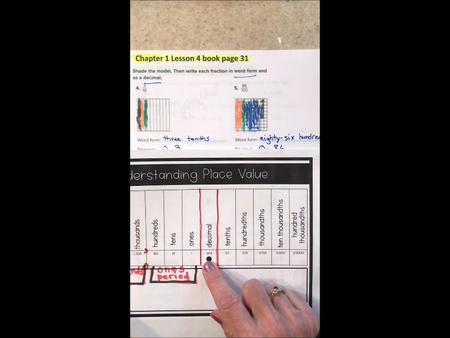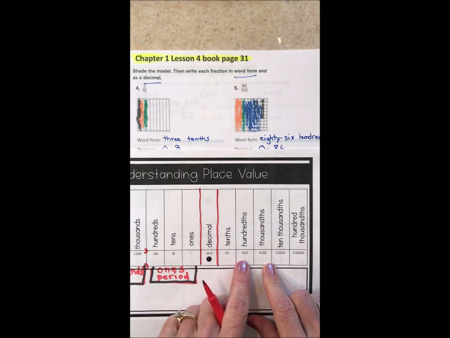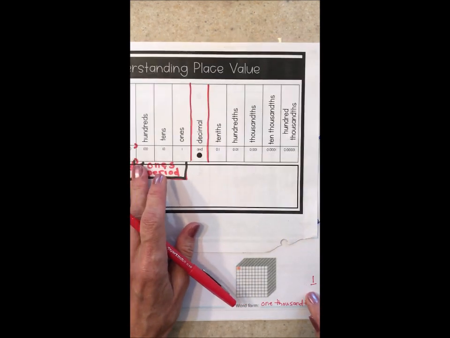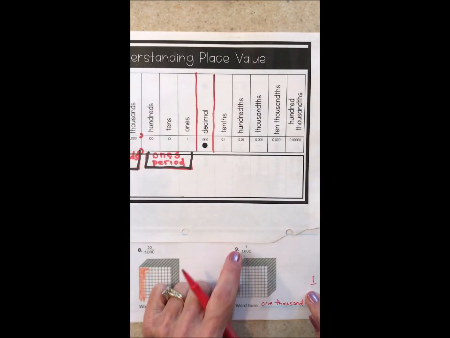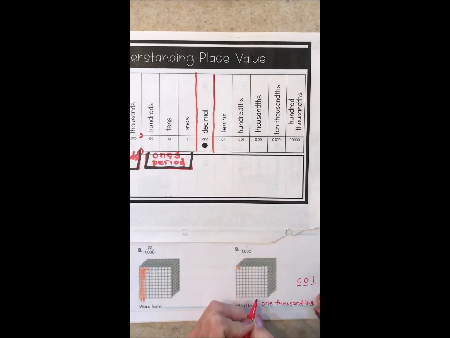I have a decimal, tenths, hundredths, thousandths. It's 3 spaces to the right of the decimal. So I need to make sure that my answer over here for one thousandth puts that in the 3rd place. So I'm annexing 2 extra zeros to make sure that's in the 3rd space to the right of the decimal. And then I have 0 ones. So tenths, hundredths, thousandths, one thousandth.